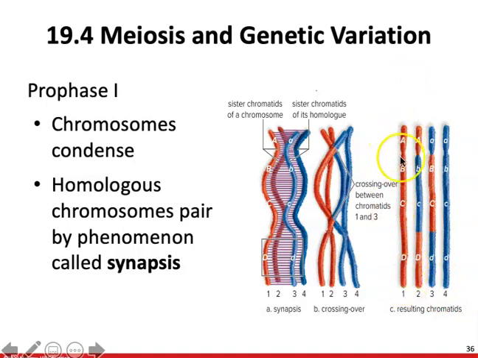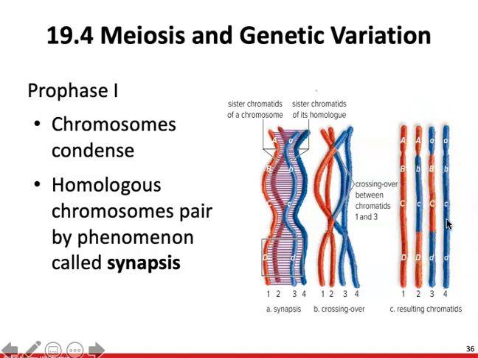This entire strand, this entire chromosome 1, is only made up of DNA coming from my dad. This second strand could have a portion up here that's my dad's, could have a portion right here that's my mom's, could have a portion right here that's my dad's. Then I will also have another sister chromatid that has mom, dad, mom, and then another sister chromatid that's just my mom.